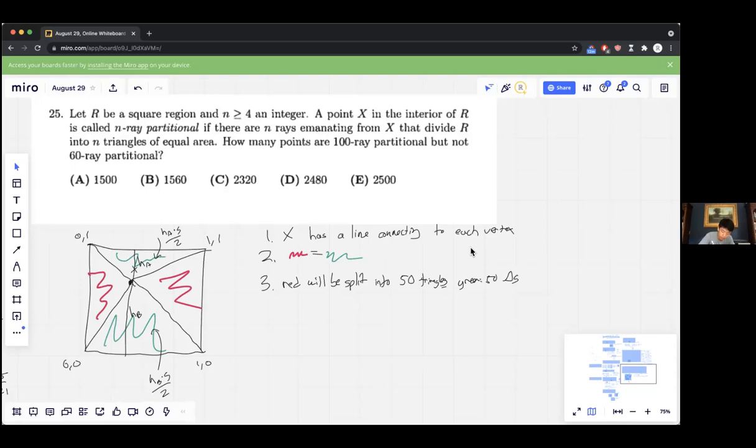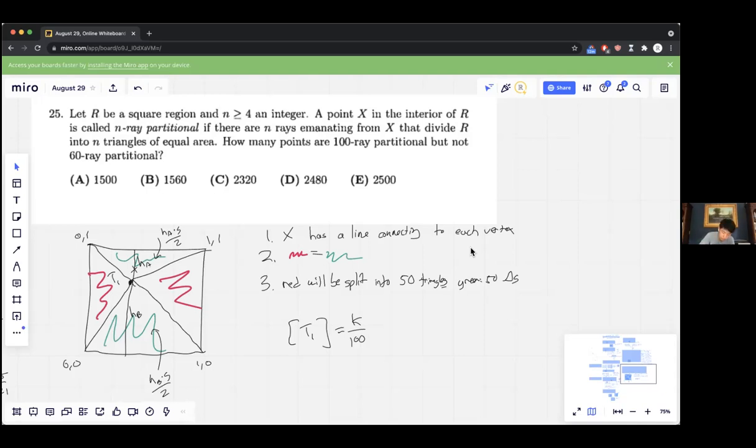This is possible when this specific region, like T1 over here, this triangle's area has to be of the form k over 100, for some integer k.